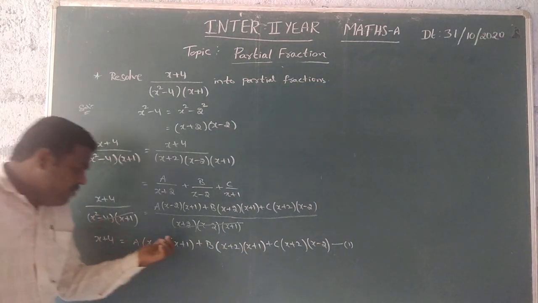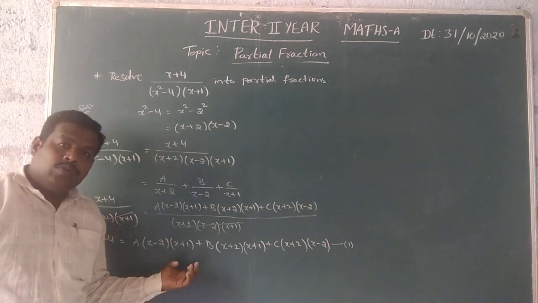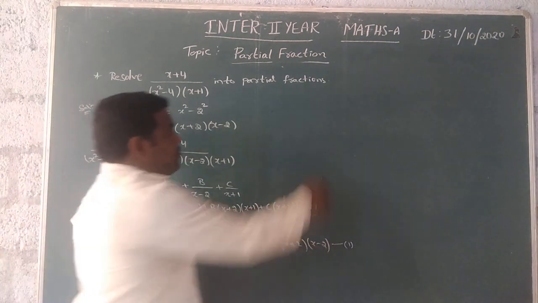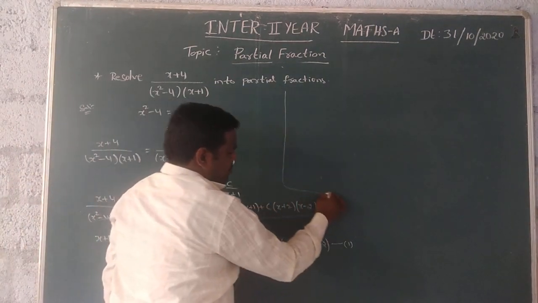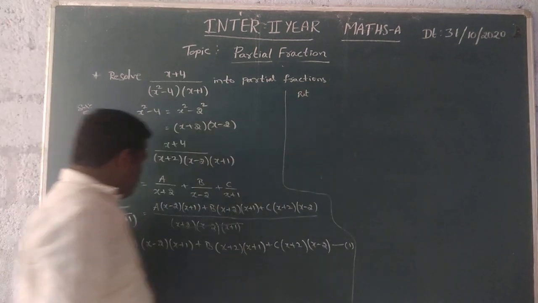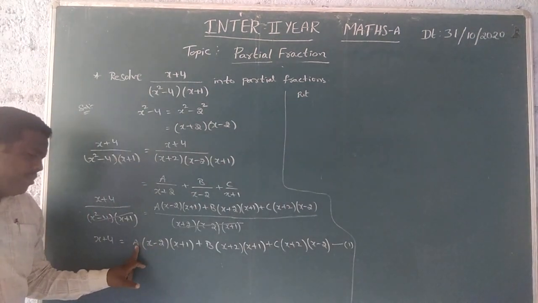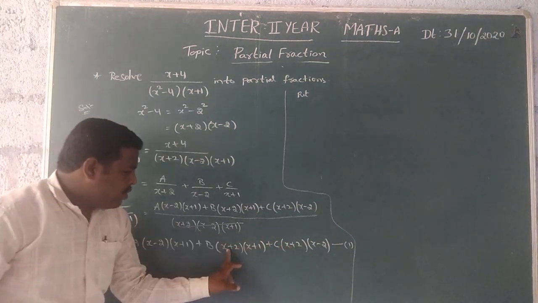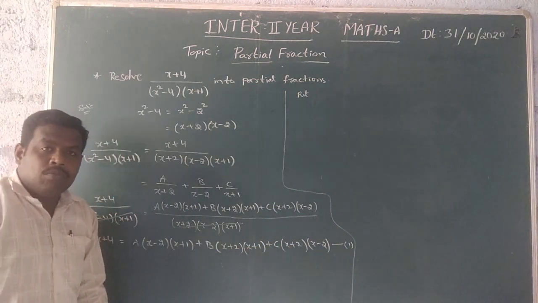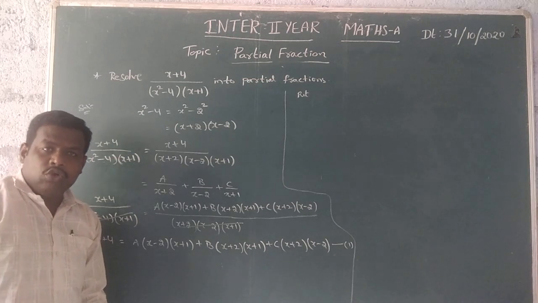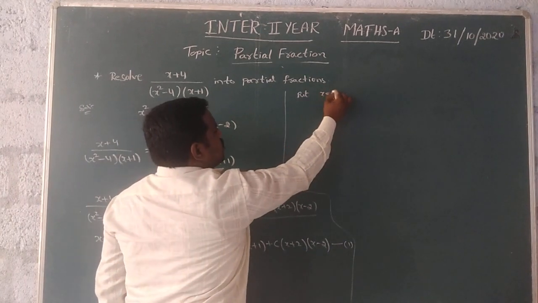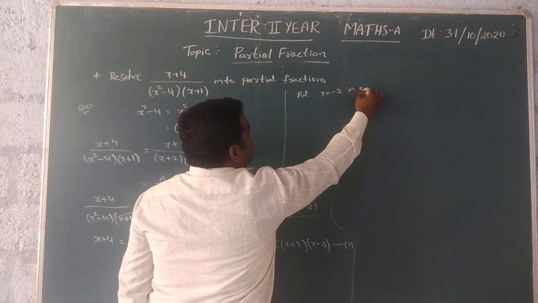If the common coefficient is equal to 0, we get the value. First of all, we can find the value of a. In b and c, the common coefficient is x plus 2. When x plus 2 is equal to 0, put x equal to minus 2 in equation 1.